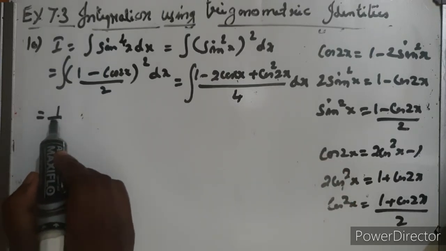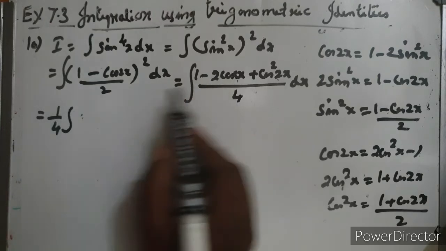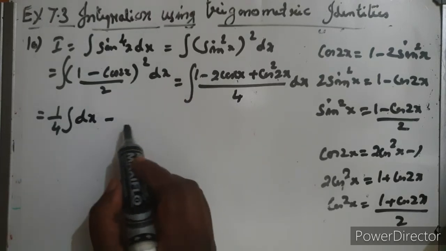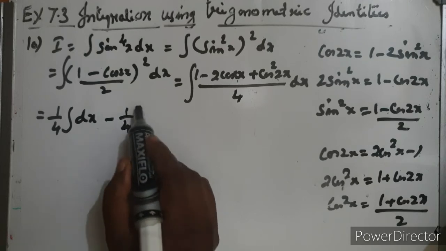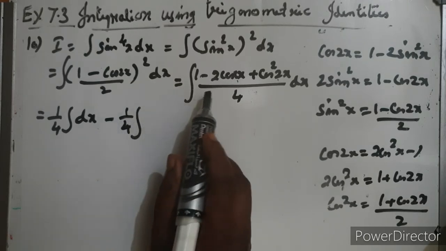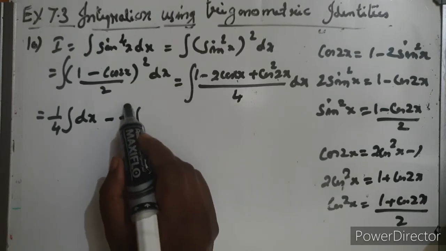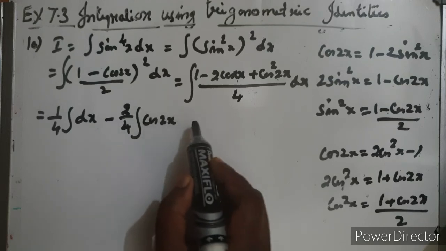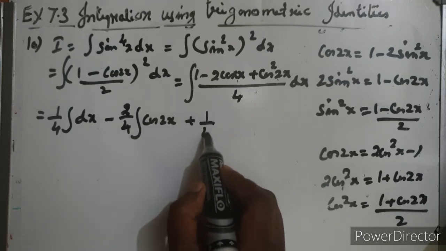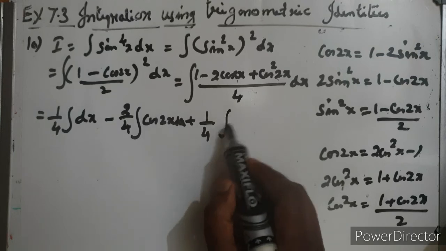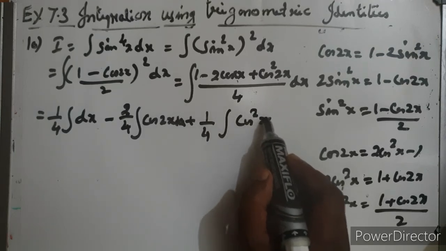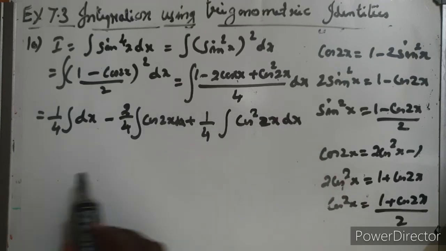So writing this as 1 by 4 integral of 1 dx minus 1 by 4 integral of 2 cos 2x plus 1 by 4 integral of cos square 2x dx.